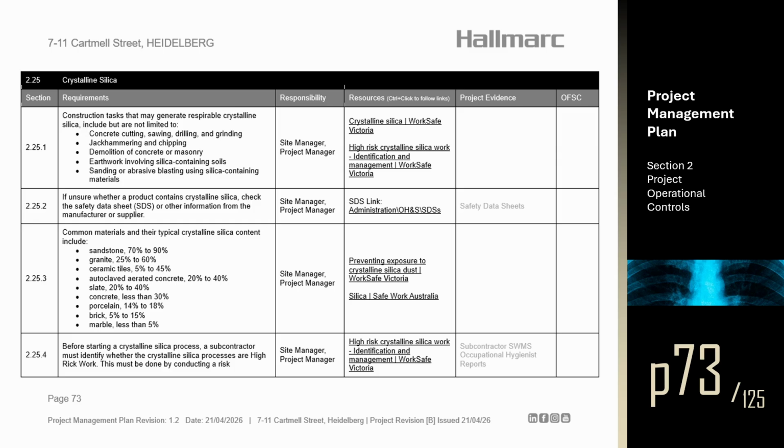Section 2.25.4. Before starting a crystalline silica process, a subcontractor must identify whether the crystalline silica processes are high-risk work. This must be done by conducting a risk assessment or by choosing to treat that work as high-risk work without doing a risk assessment.